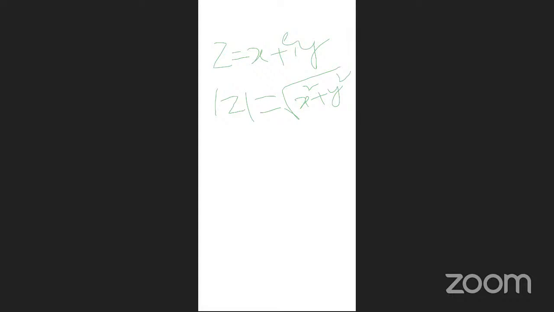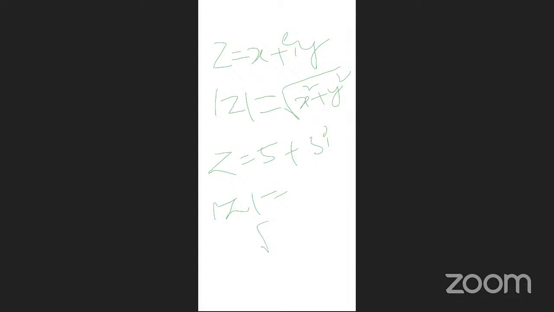Now let's see an example. z equals 5 plus 3i. Now let's find the modulus of z. As per this, mod z is the root of x square plus y square.